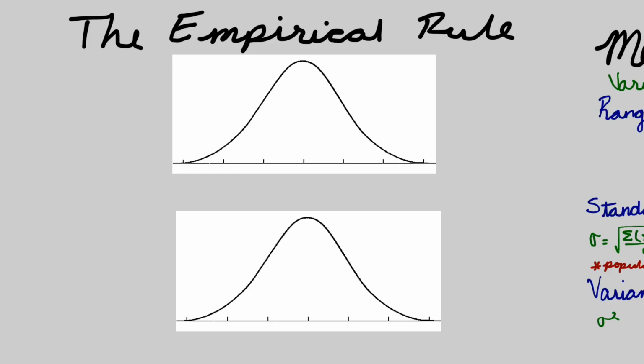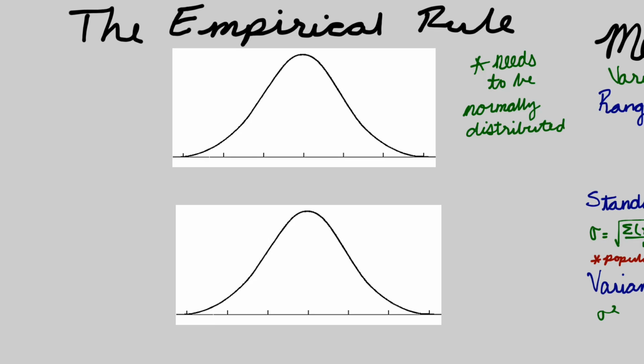Another idea of comparing data deals with the empirical rule, which applies if our data set is normally distributed. So if you were to make a histogram of your data, for example, and the data resembled a bell curve in some way, it doesn't have to be perfect, but if it's relatively close, you could assume the empirical rule applies.